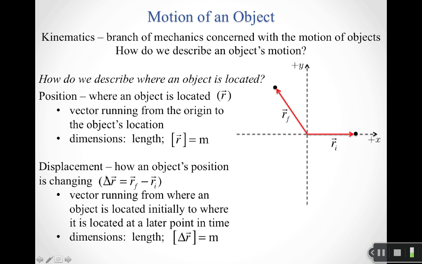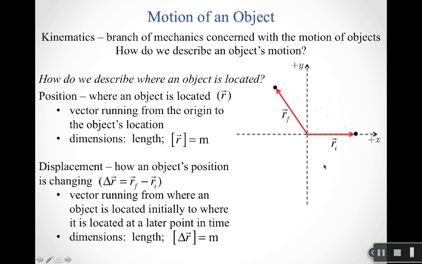The displacement is just the change in position. Capital delta, the way we often use it in scientific classes, just means the change in. It's another way of saying the final position vector minus the initial position vector. Notice this is a vector subtraction problem. So I'm going to draw a vector that runs from the tip of my initial position vector to the tip of my final position vector.